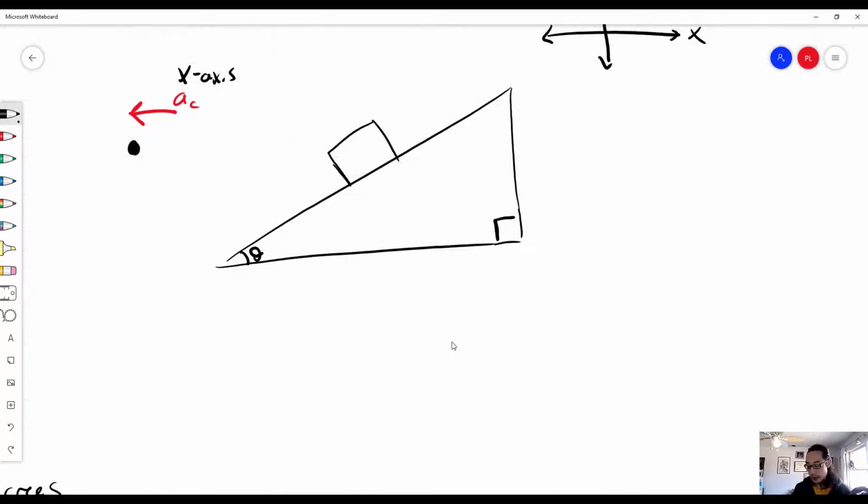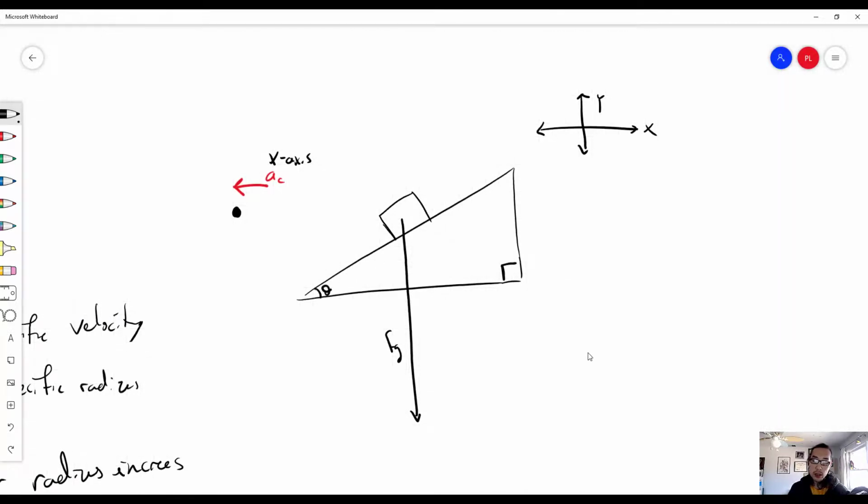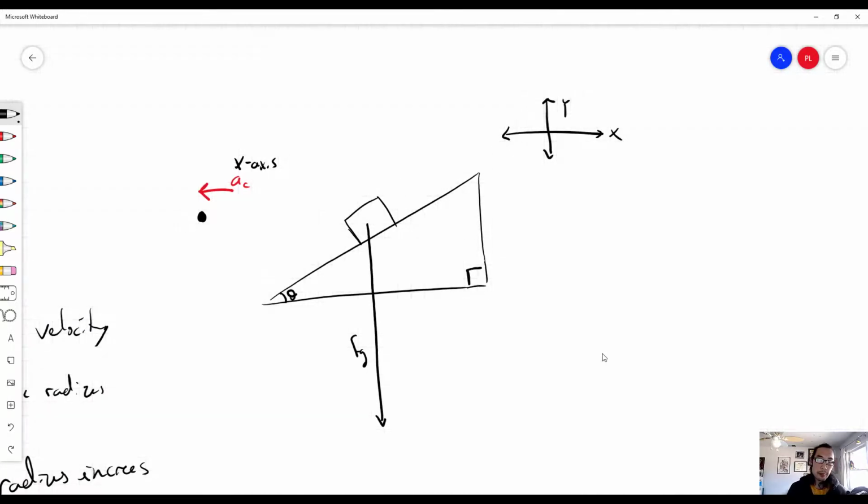I'm going to create my weight force first. So Fg going down, and this Fg is along my y-axis, so I don't have to break it up into its components, and then I have my normal force going straight up.